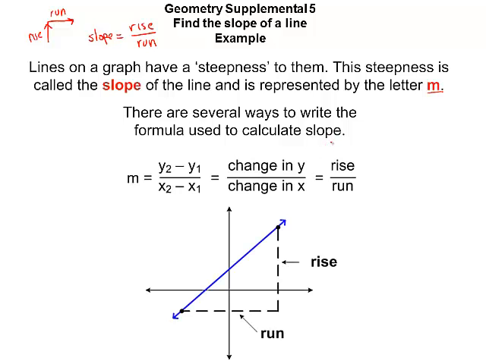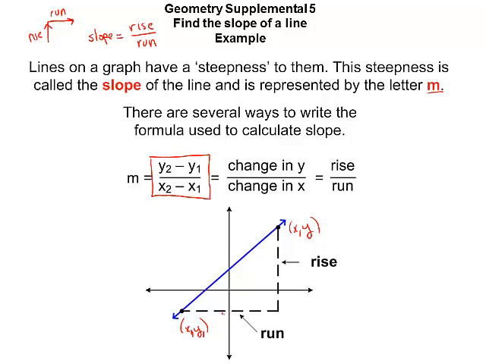Several ways to write slope. We have change in y over change in x, which is rise over run, and algebraically we use this. So if I have an x and a y, and I have another x and a y, it does not matter which one I set as the ones and which one I set as the twos.